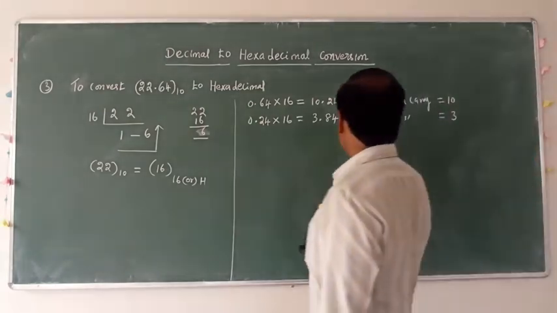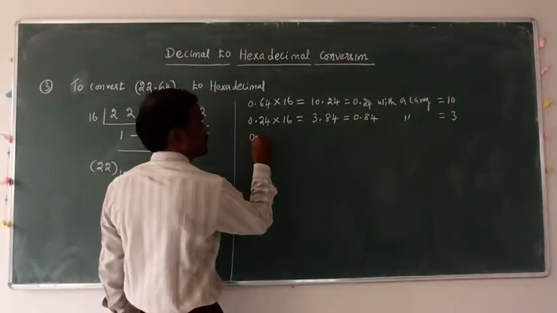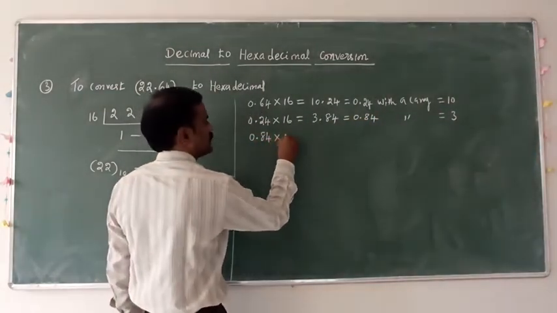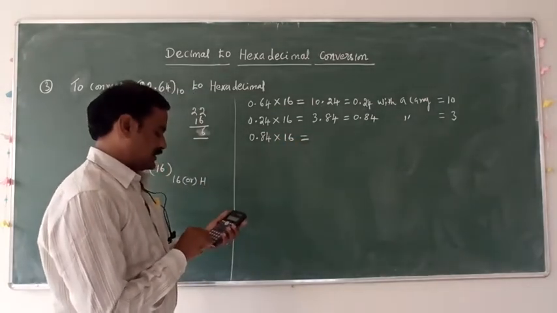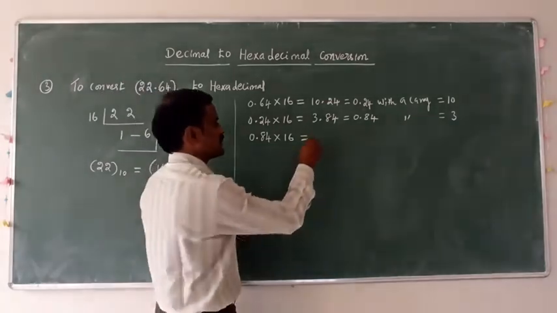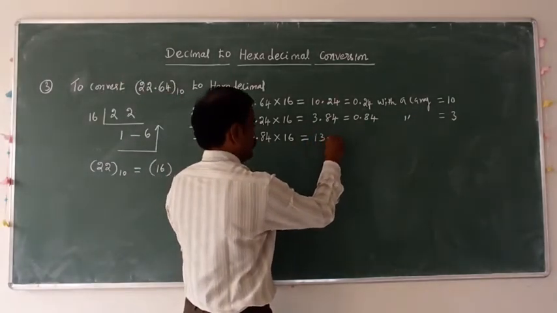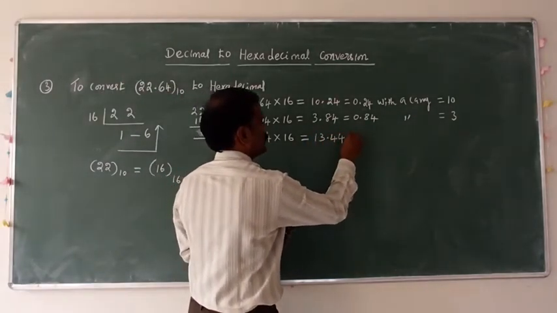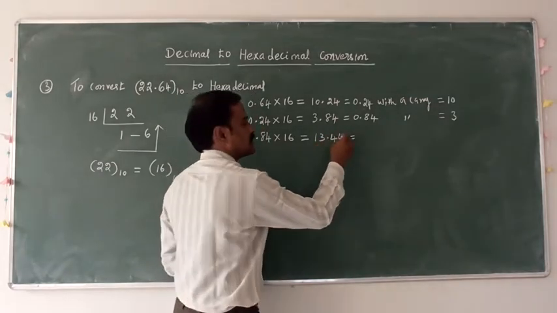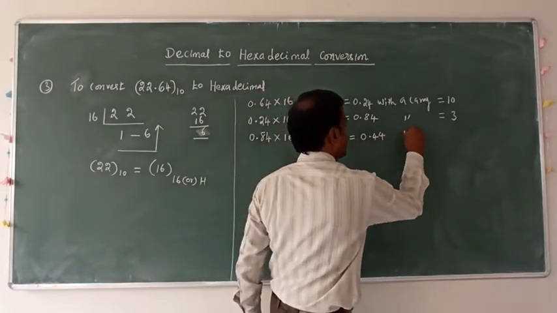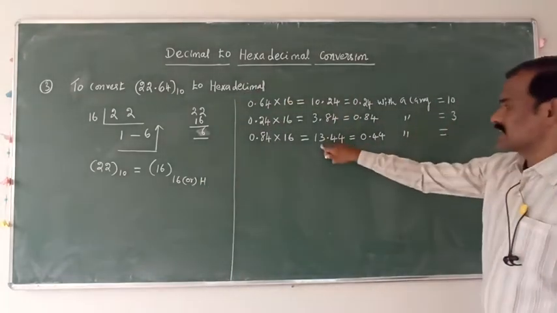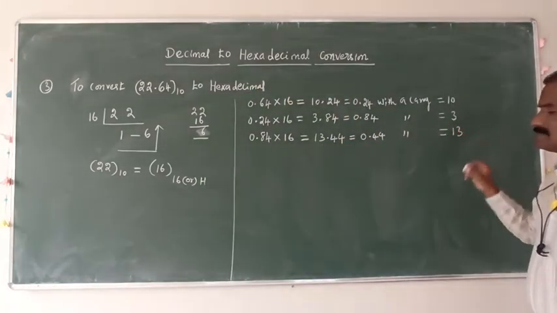Next, we take 0.84 into 16. The result is 13.44. Without the carry it is 0.44, and the carry is 13.